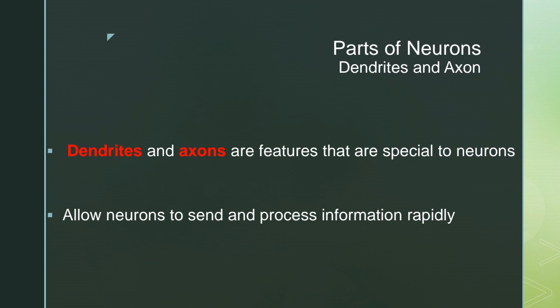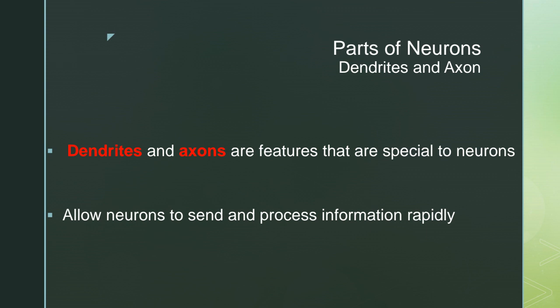One thing that's important to note is that these two parts that we've just looked at, the dendrites and the axon, are special to neurons. Neurons, unlike other cells, have these physiological properties that allow them to transmit and process information rapidly.